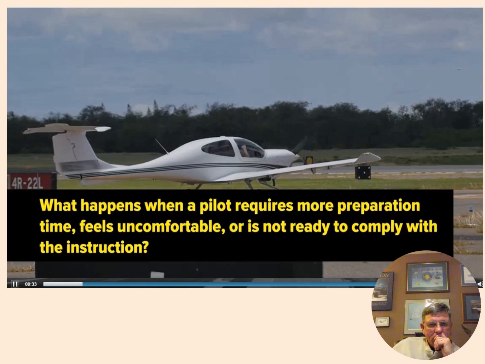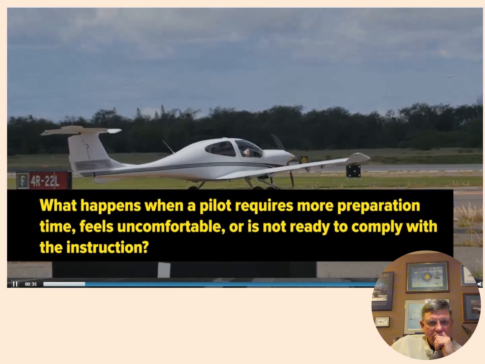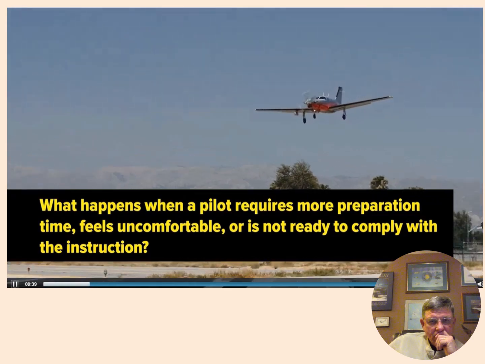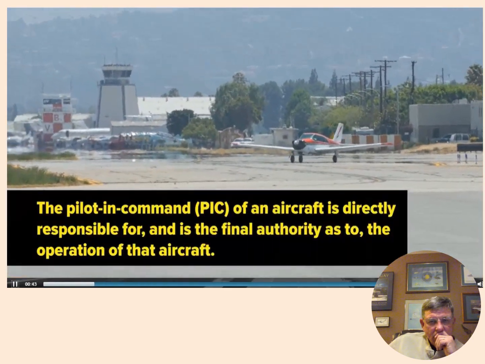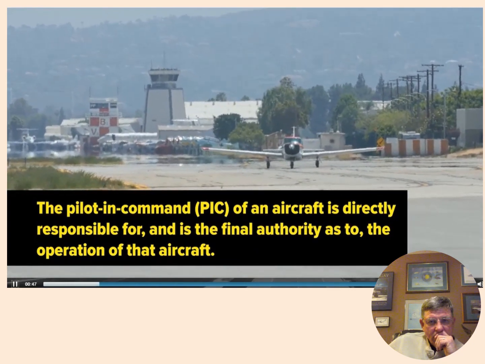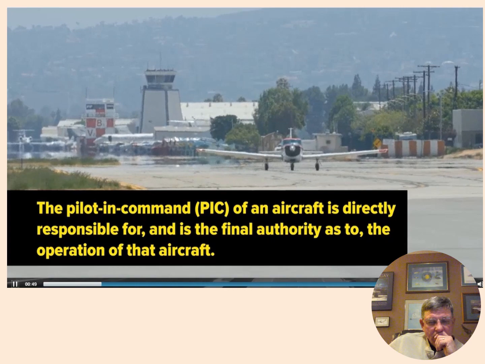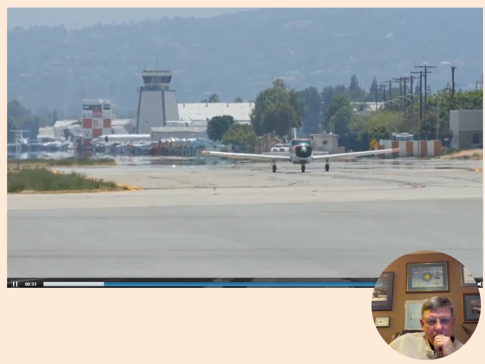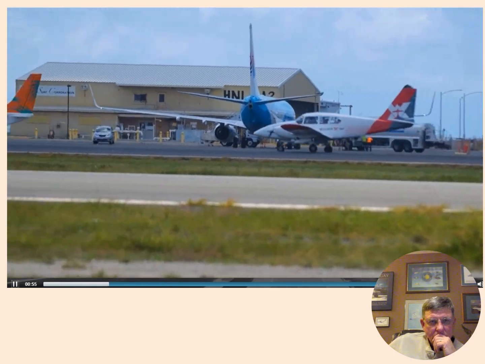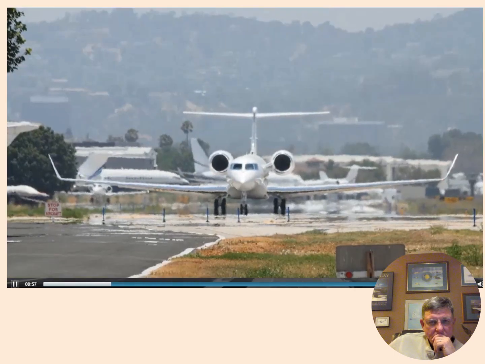But what happens when a pilot requires more preparation time, feels uncomfortable, or is not ready to comply with the instruction? All pilots must be aware that the pilot in command, PIC, of an aircraft is directly responsible for and is the final authority as to the operation of that aircraft. It is very important that pilots of all experience levels fully understand and assume their role as PIC.